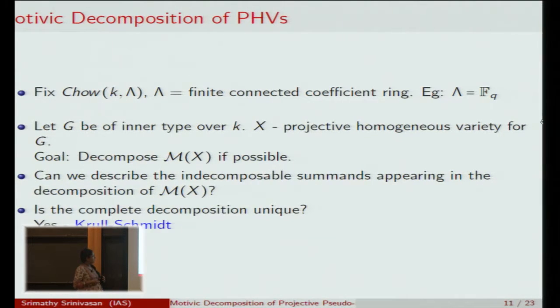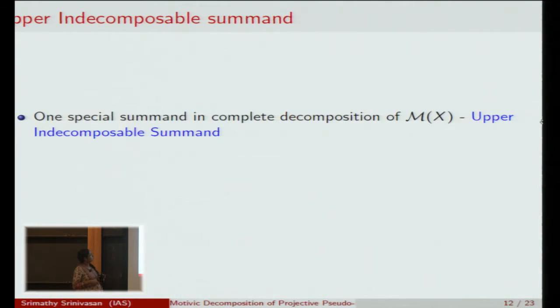It turns out that the decomposition is unique as long as the ring is a finite connected coefficient ring, and this principle is called Krull-Schmidt. So Krull-Schmidt holds whenever the decomposition of an object in this category is unique up to permutation. Okay, and for projective homogeneous varieties, it turns out that Krull-Schmidt holds. Okay, and also there's one special summand in the complete decomposition called the upper indecomposable summand.